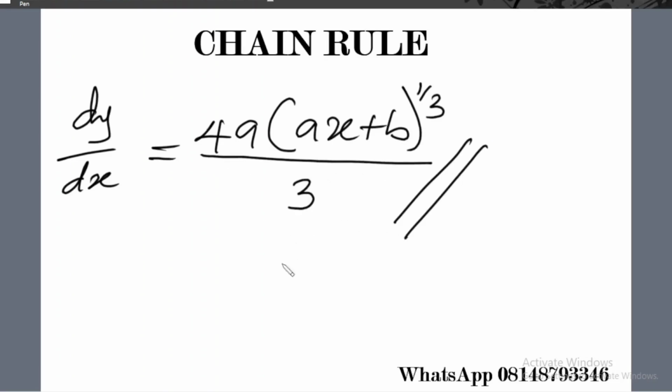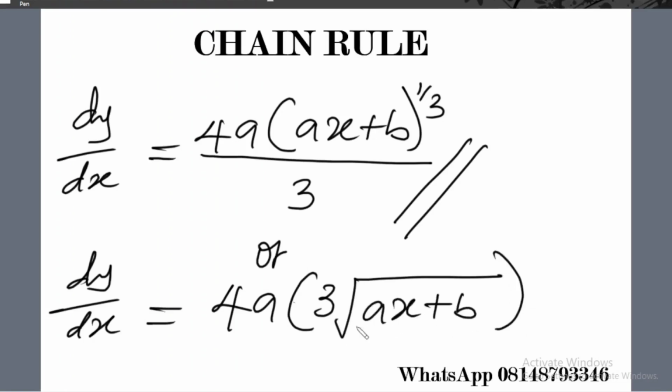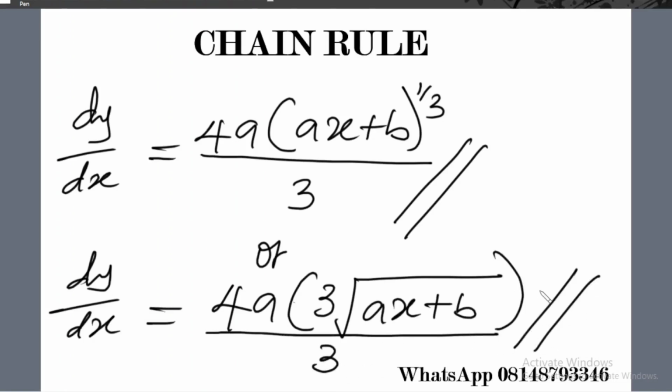So that's it. Or dy all over dx equals 4a times the cube root of (ax plus b), all over 3. So that's how we solve a question using chain rule.